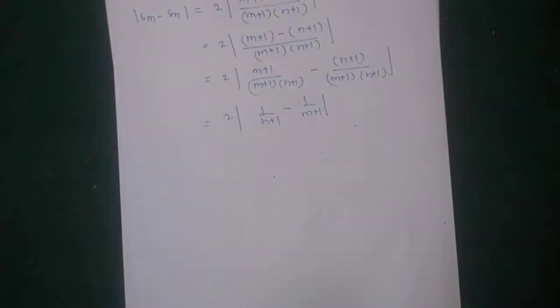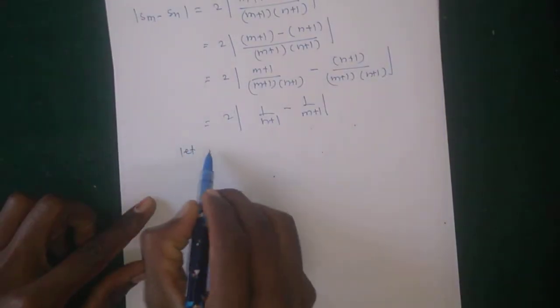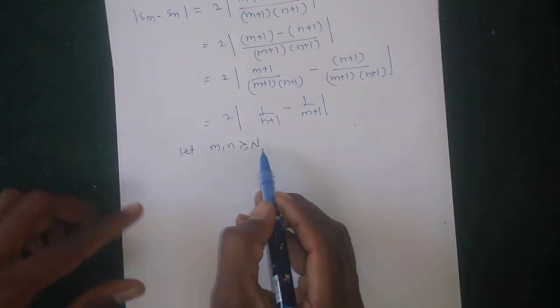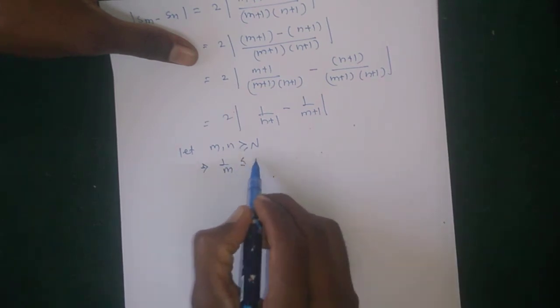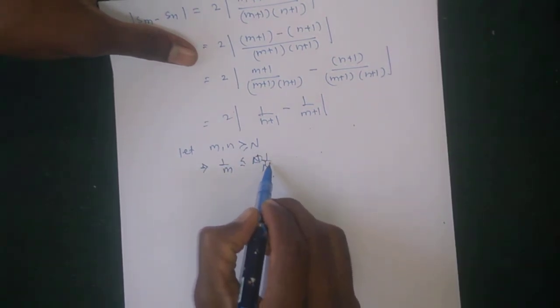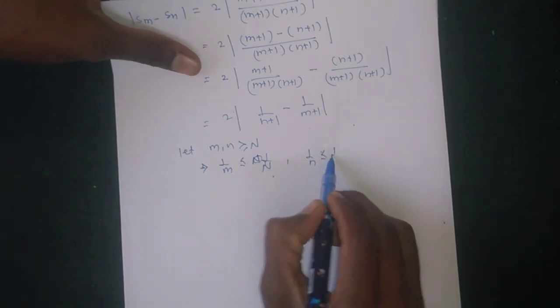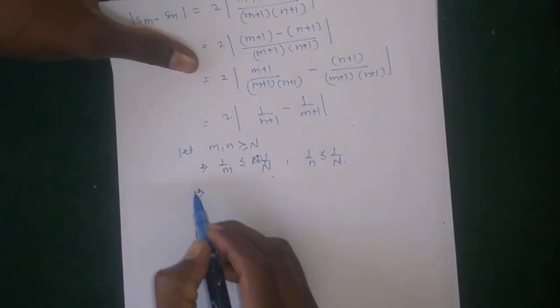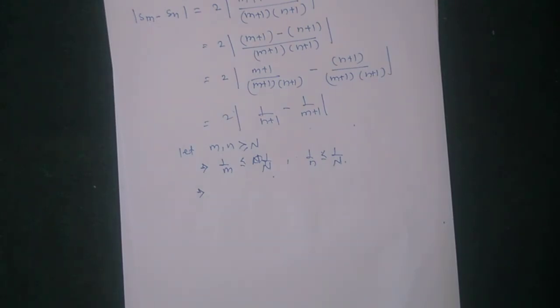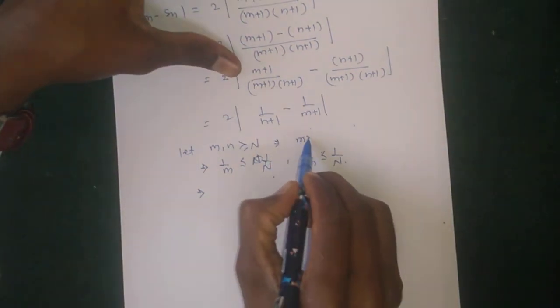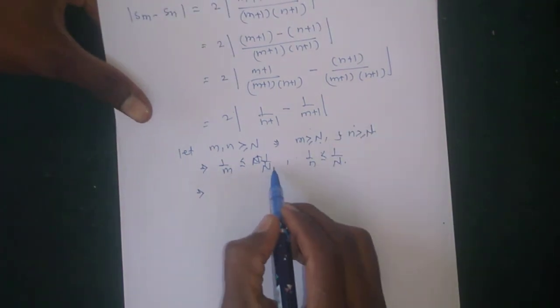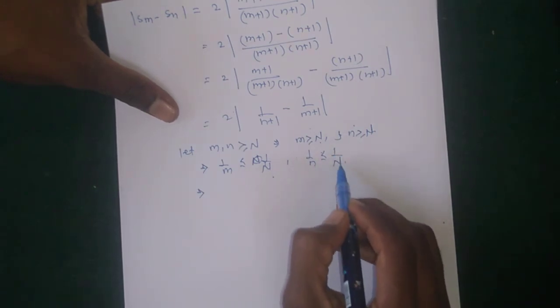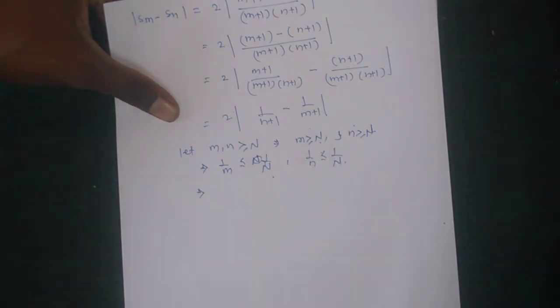if we let m and n be greater than or equal to N, which implies that 1 upon m is less than or equal to 1 upon N, and 1 upon n must be less than or equal to 1 upon N. Here m is greater than or equal to N and n is greater than or equal to N, where this N is any positive integer.